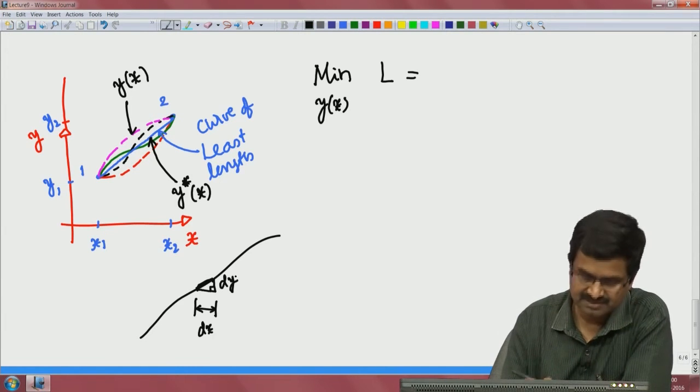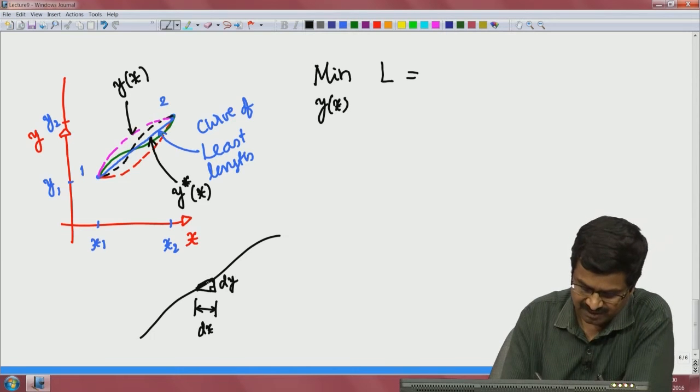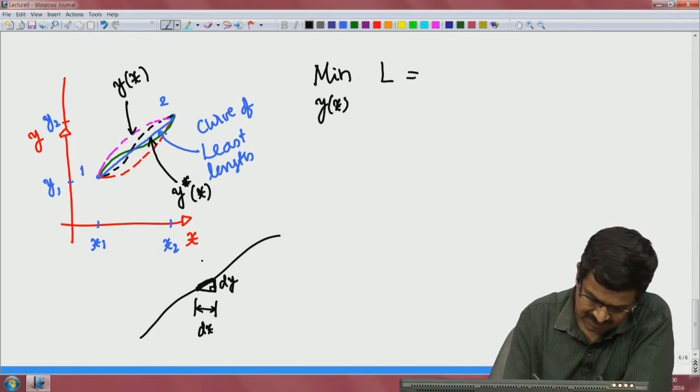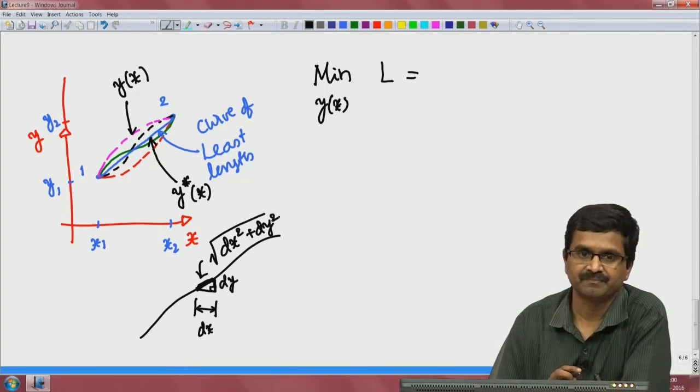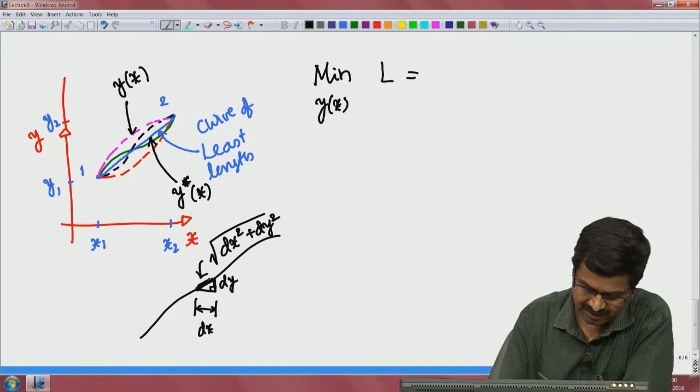For every x there is a y. So, this distance is going to be the square root of dx square plus dy square, and that is what we need to take and add up.